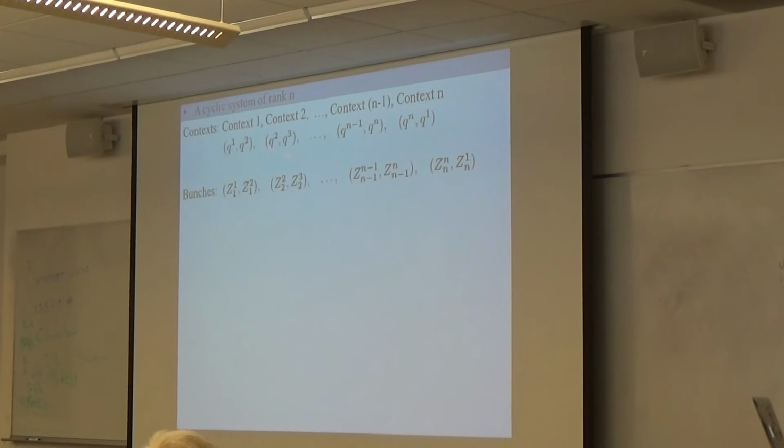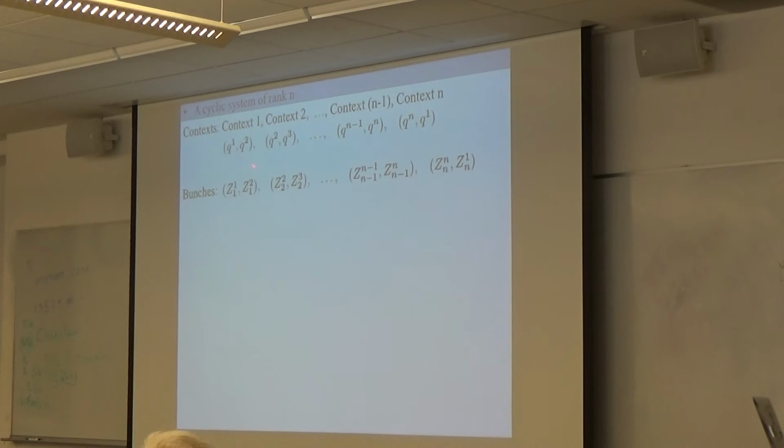Okay. So far, I've discussed testing contextuality in cyclic systems of rank 4. The test can indeed be extended to any arbitrary cyclic system. A cyclic system of rank n is defined in this way.